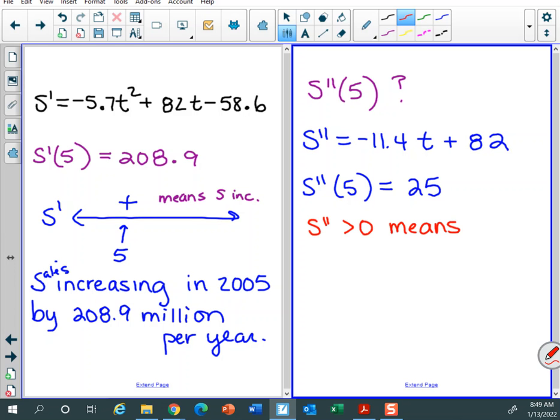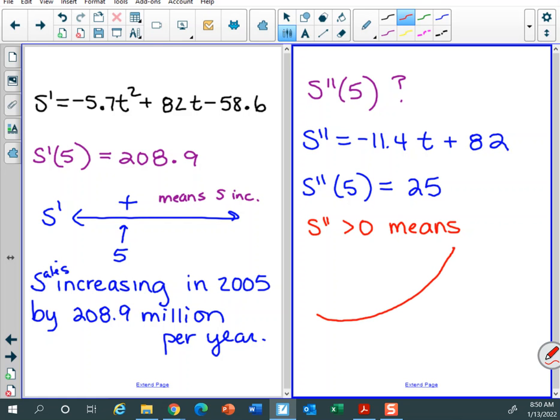what shape of graph? A positive second derivative. Second derivatives measure concavity, so a positive second derivative is what? Concave up, concave down. It's going to be up.